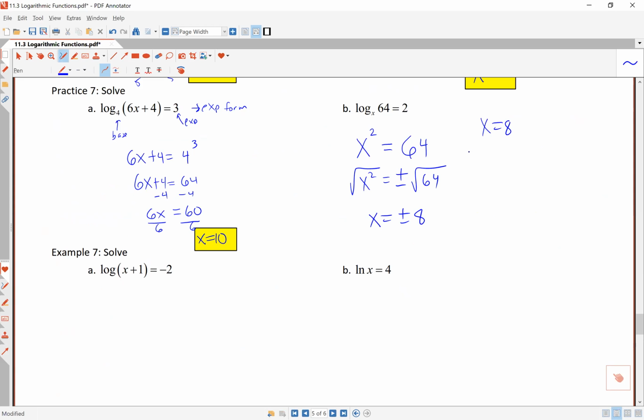But only x equals 8 checks out. X equal to negative 8, log base negative 8 of 64 is not defined. So we get the solution x is equal to 8.